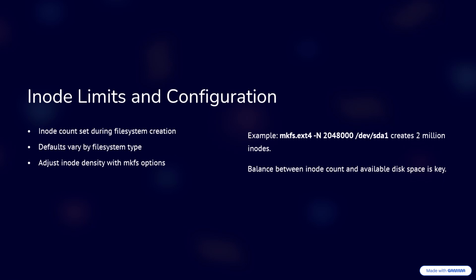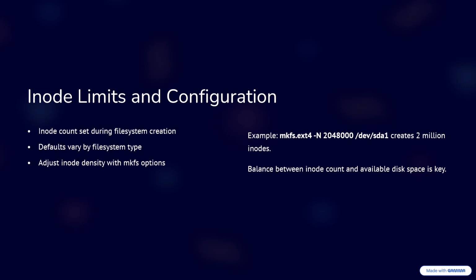Inode counts are set during file system creation and can't be changed later. Use mkfs commands to specify the inode count. For example, mkfs.ext4 space dash N. This is an example of the inode count set during file system creation.